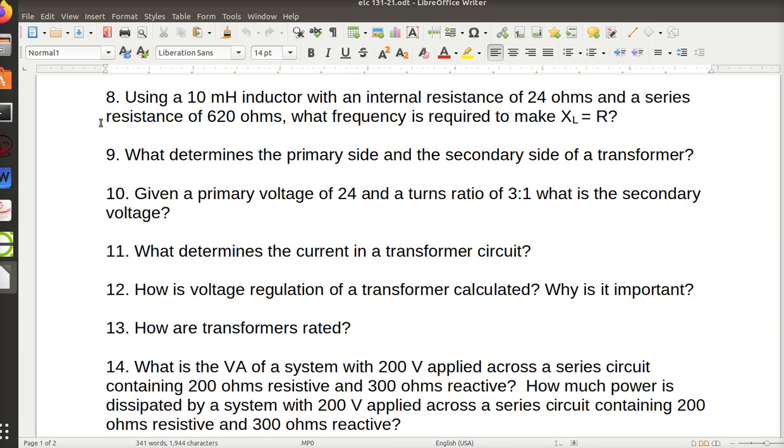What determines the current in a transformer circuit? That is the load. The load always determines the current. If my resistance is infinite, I have an open circuit, I have no load. And if my resistance is a low enough value, I will get to what is considered the full load of a transformer.